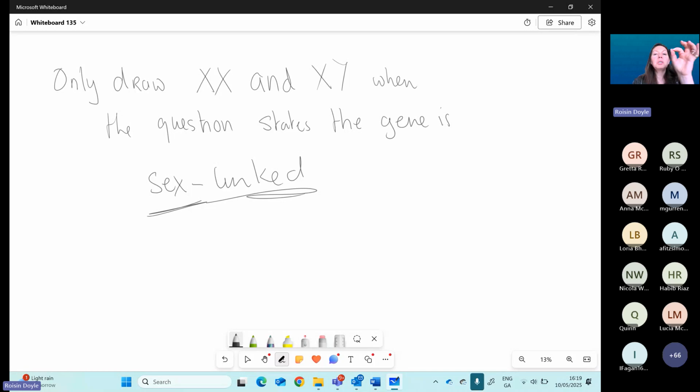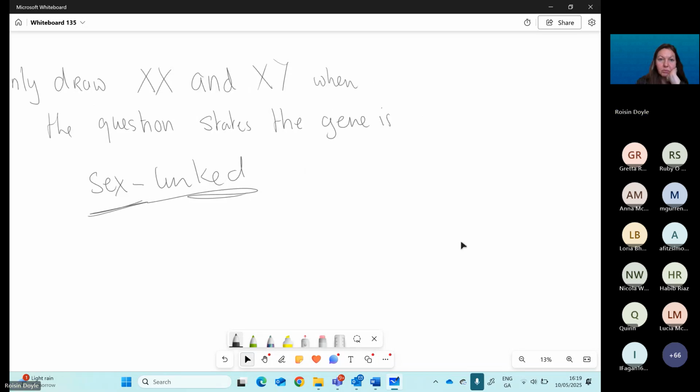I said, no. Did the question say that it was sex linked? They all went, no, Róisín. So why are you hurting Róisín's heart by writing down XX and XY? The only time you draw XX and XY is when the question tells you it is sex linked, or of course, they just want you to identify the gender or something. But no, that's the only time you start drawing XXs and XYs.